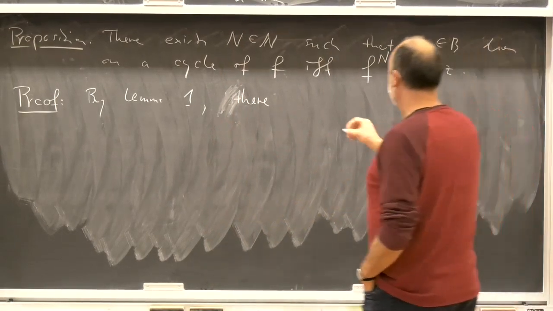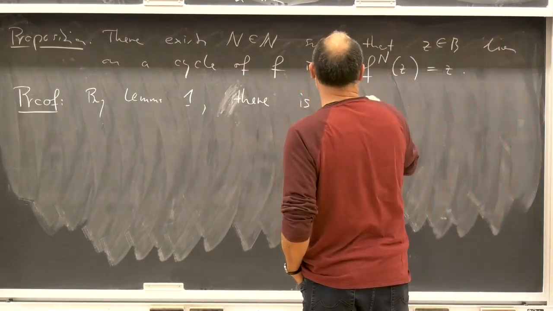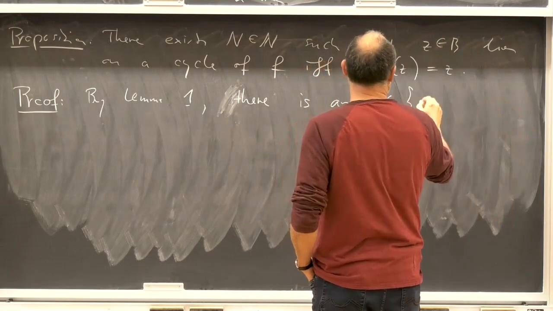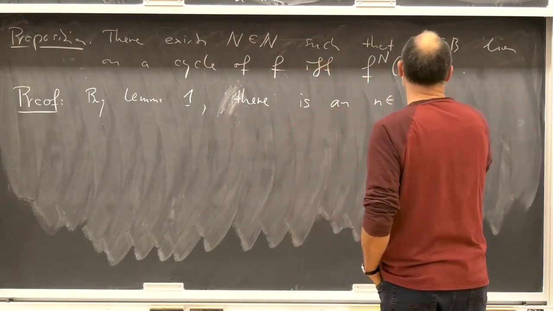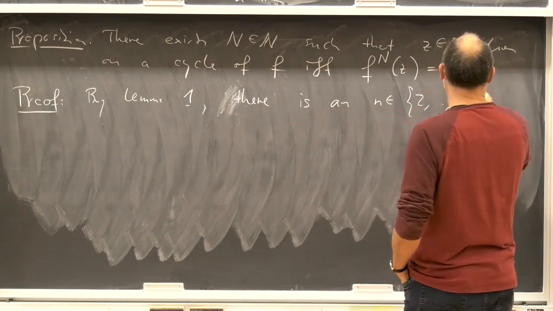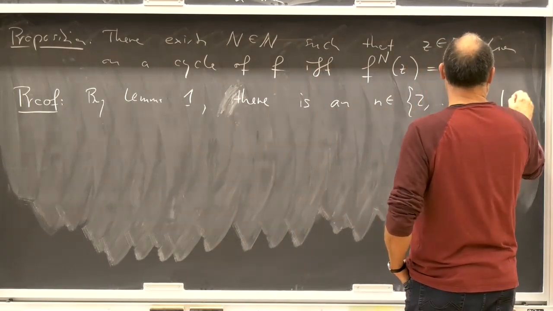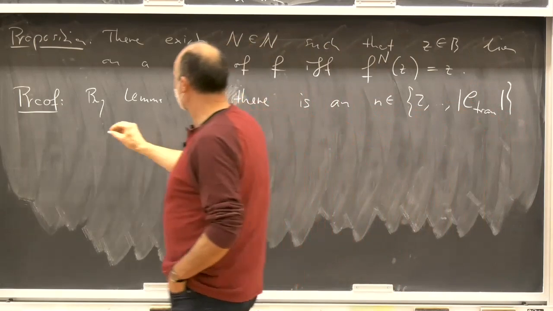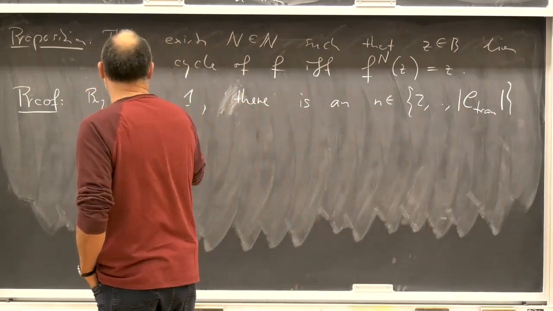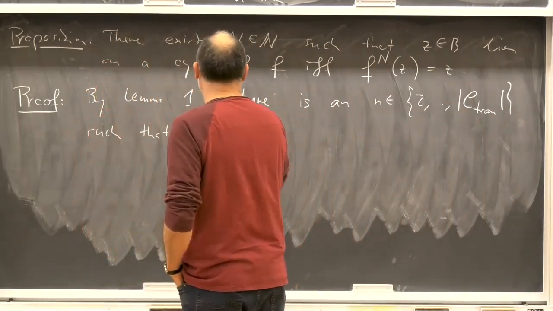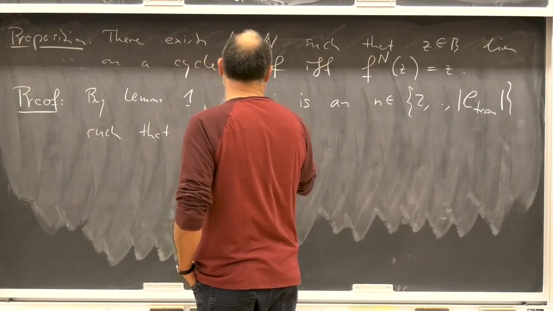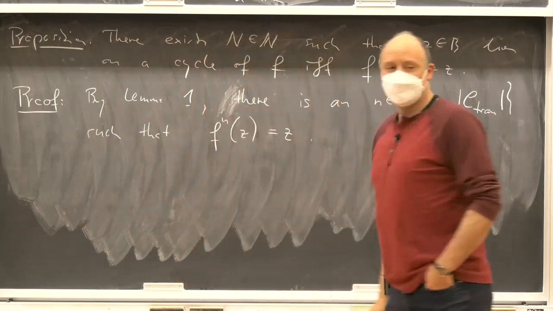So there is an n between 2 and the cardinality of C trans such that that iterate takes Z already back to Z.